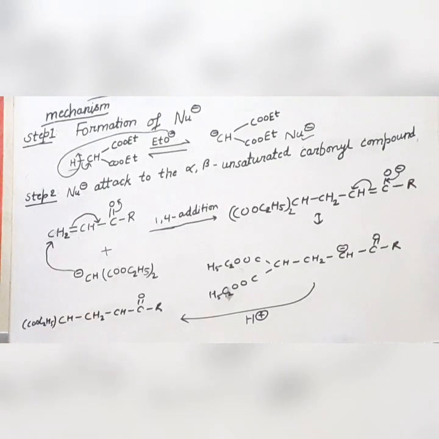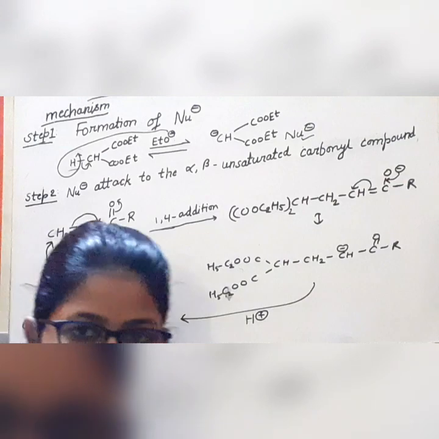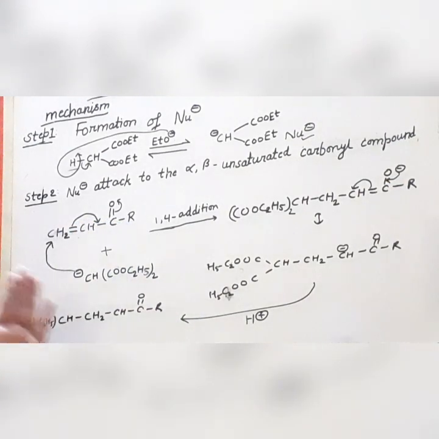Alright, and we also have to know how the reaction goes through the Michael addition reaction. First of all, the first criterion is that we have to check whether a Michael acceptor and a Michael donor are present or not.